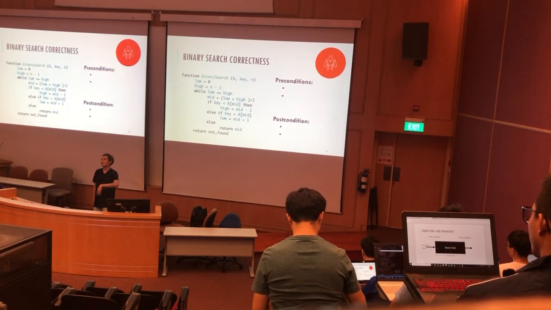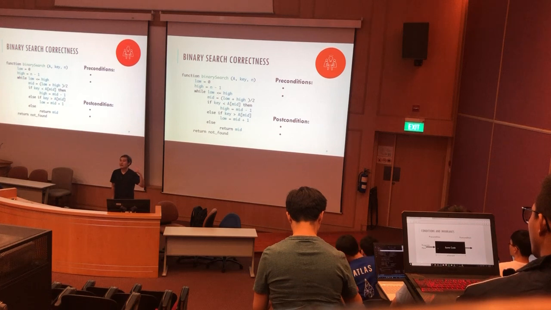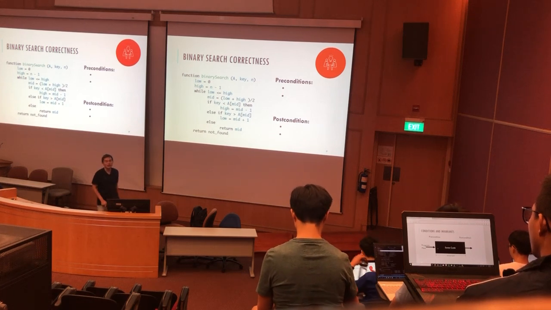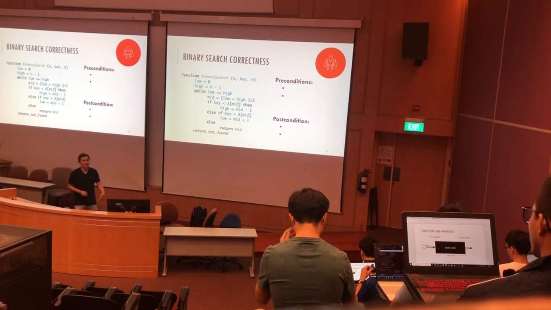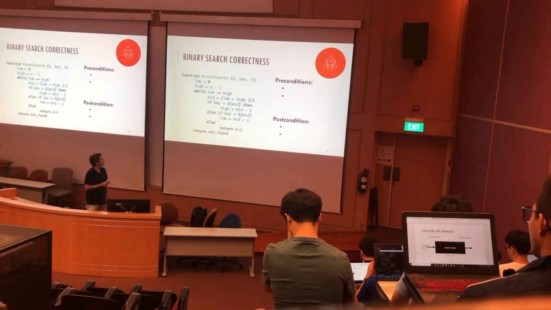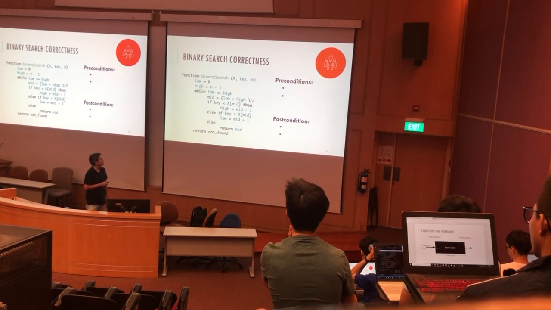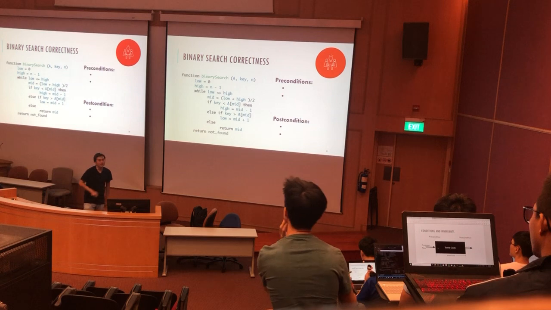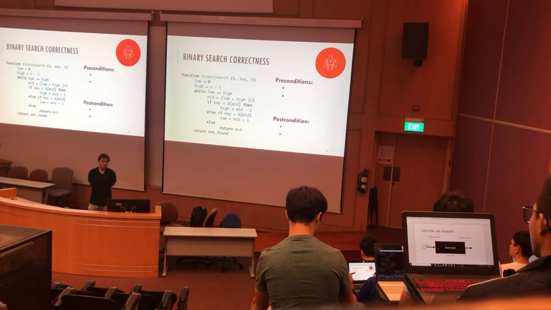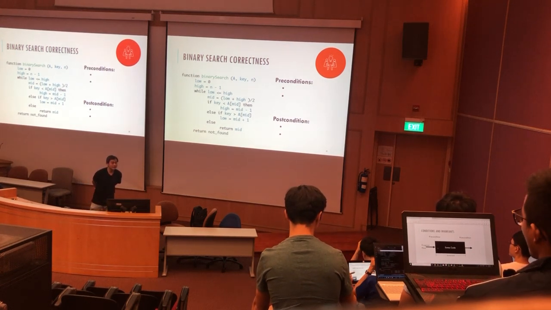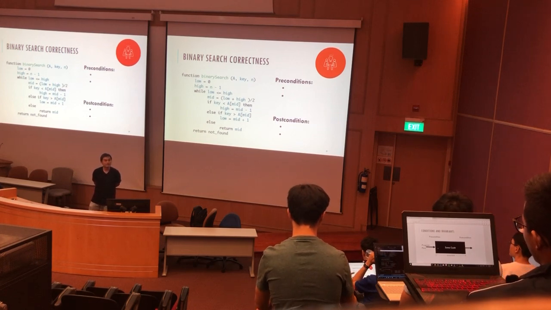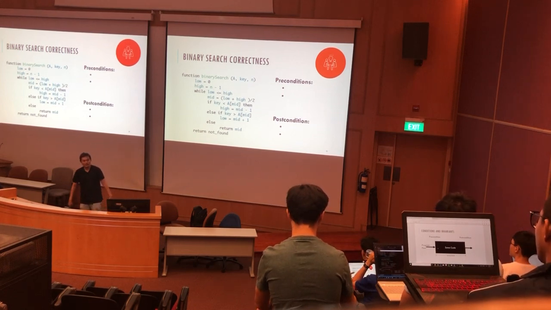Okay, let's talk about postconditions first. So what do I want after I run my piece of code? What do I want to guarantee to my user, the person calling this function? What am I returning?